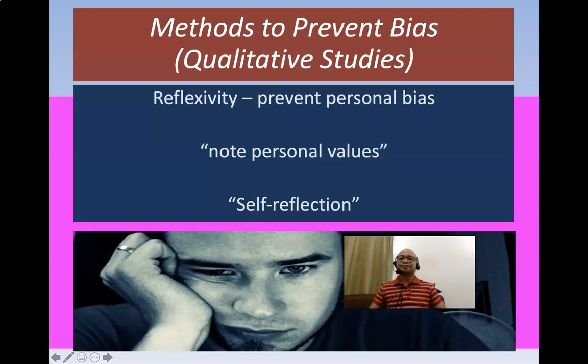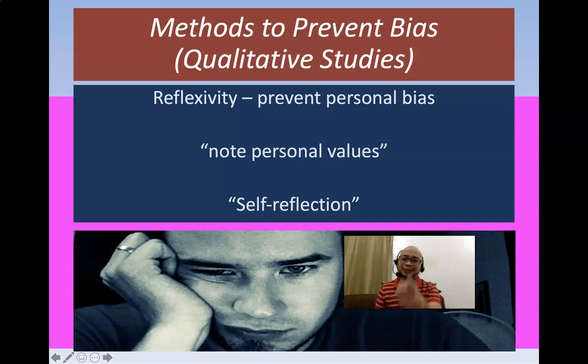Okay, reflexivity is one way of preventing personal bias. So note, reflexivity, personal values, and self-reflection. This is a way in which a researcher can prevent being too subjective.